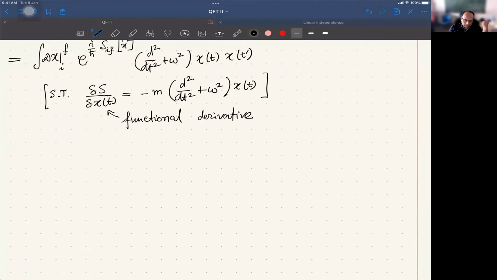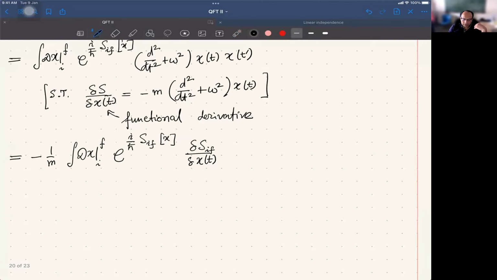So therefore, your expression is minus 1 over m integral Dx_i^f e^{(i/ħ) S_i^f[x]} δS/δx(t) times x(t'). Here i f refers to the limits in the time integration.